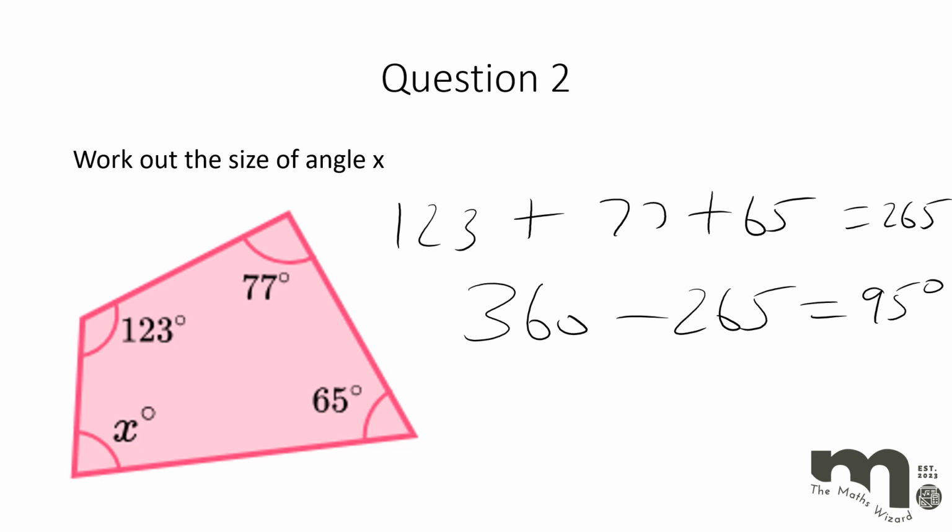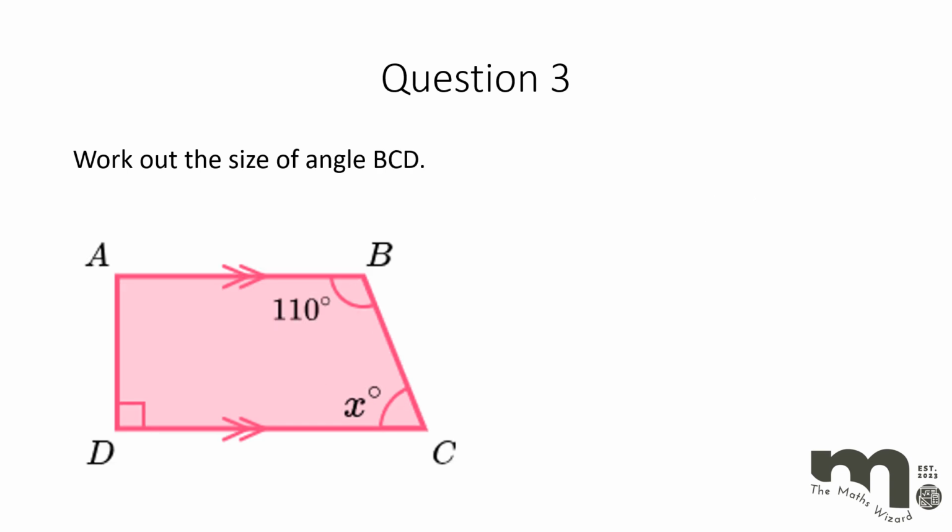All right, let's go to the next one. We've got a nice trapezium here, with two parallel sides, remember? We want to figure out what this one's going to be. There's a couple of ways you can approach this.